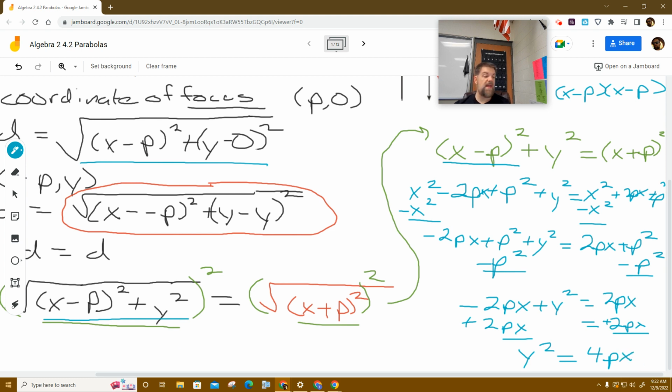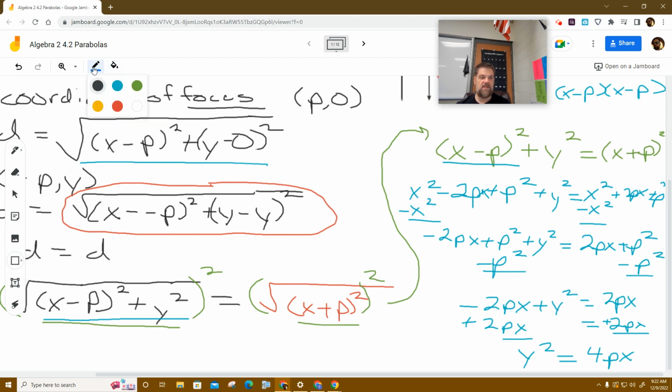So that is the mathematical relationship of a parabola, okay? Based on knowing where the focus is located. Based on knowing the value for x and the value for y. Does that make sense? So it really simplifies down to this equation. So we're going to basically use this equation a lot.